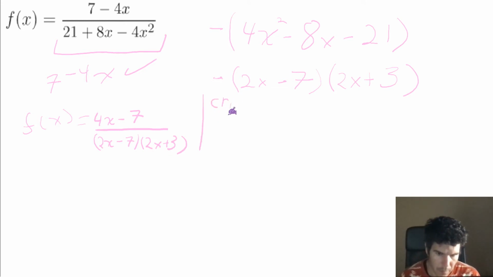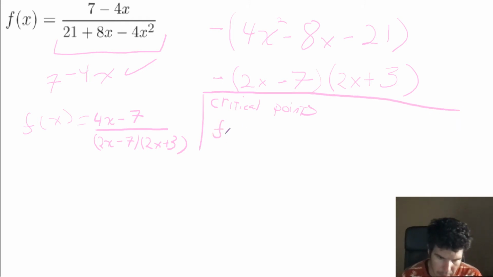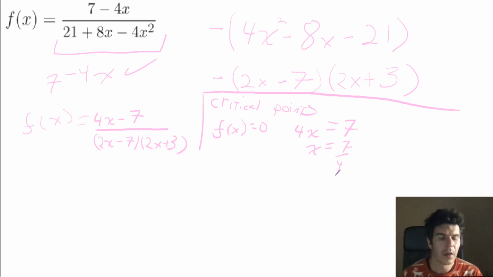So we're going to look for critical points now. These would be, for the top, f at x equals 0. That means the top will be 0. So 4x equals 7, x equals 7 over 4. Next, looking at the bottom, when the bottom equals 0, that will be a vertical asymptote.